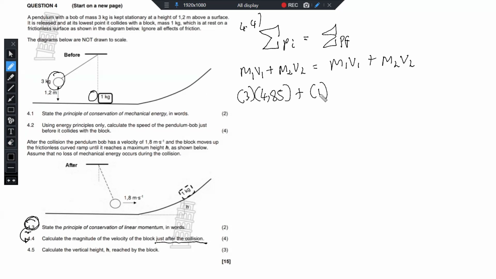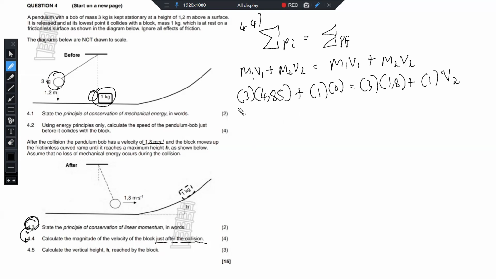The block was just stationary before the collision. But after the collision, this is our bob, and they say now it has a velocity of 1.8. So we have 1.8 here, and then the mass is 1. And we are looking for the velocity of the block after the collision.